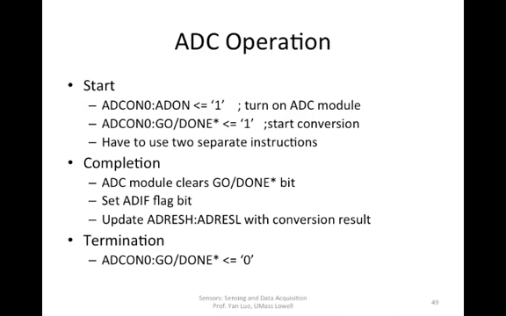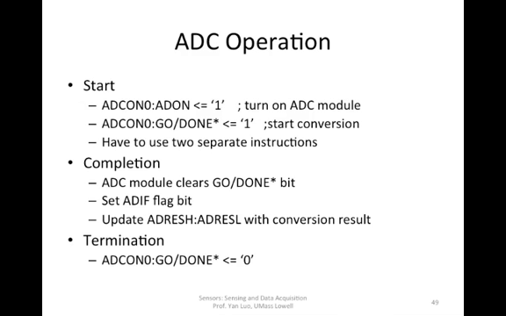Now, once the ADC is in progress, you have to wait a little bit if you do polling. The way to check whether the ADC is completed is by reading the go/done bit of the AD control 0 register. The other option is to use interrupt.